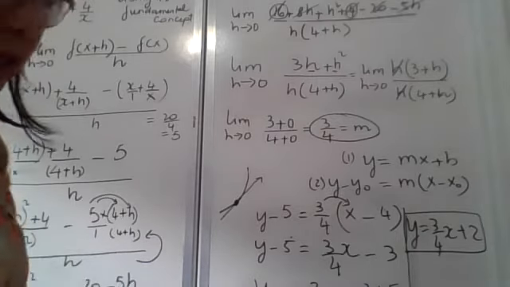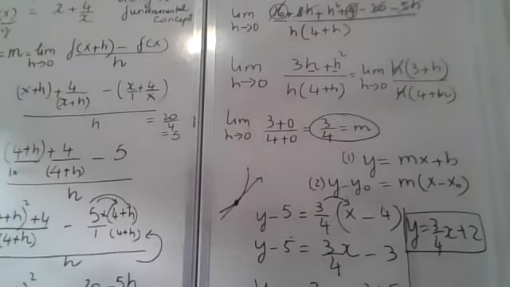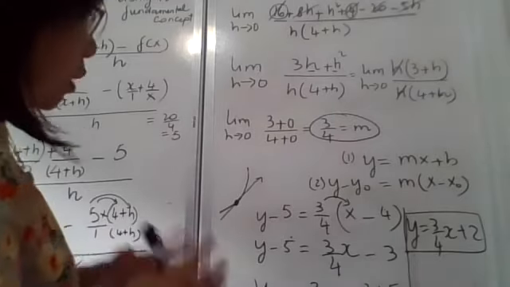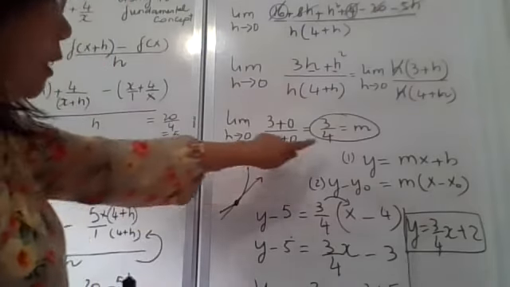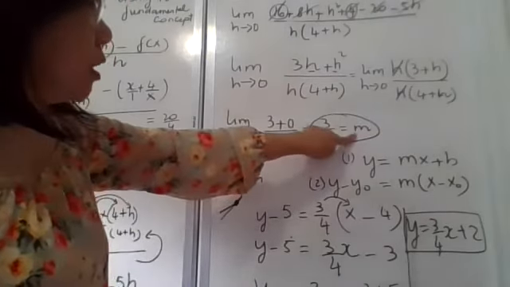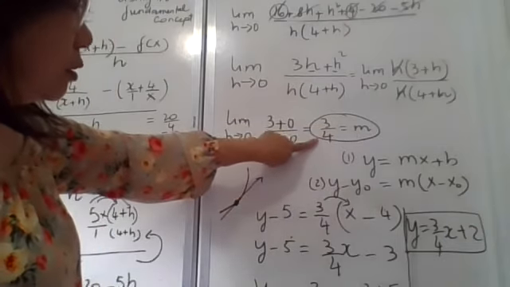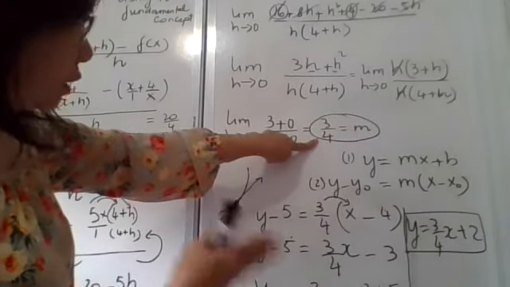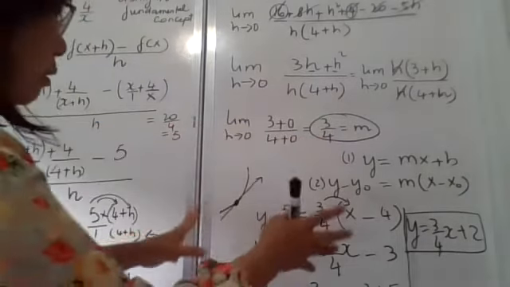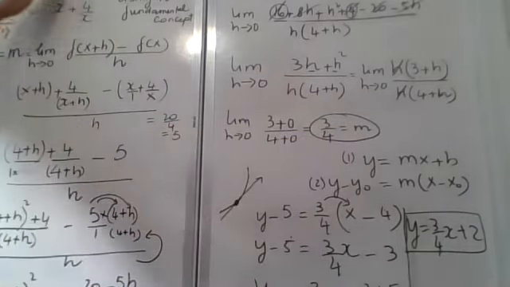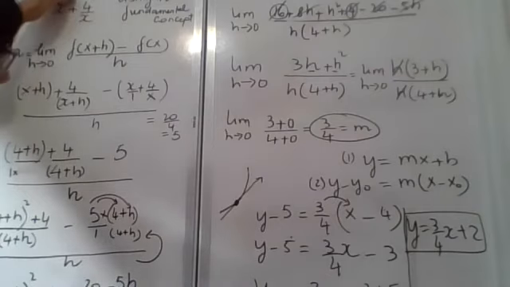Our instantaneous velocity, which is the rate of change, is the measurement of your tangent line at a particular point. And we find out the slope, the rate of change of our driving a car, for example, is 3 over 4, right?